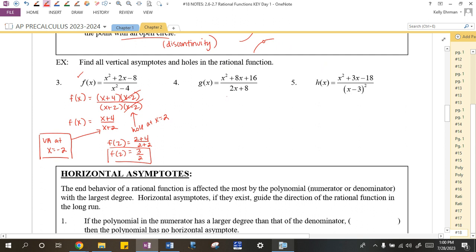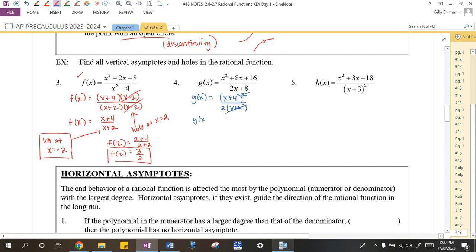All right, next one. This is g of x. So the numerator factors into x plus 4 squared. And the denominator, you can factor 2 out. So here's one where the x plus 4 in the denominator can cancel with one of the x plus 4's in the numerator.